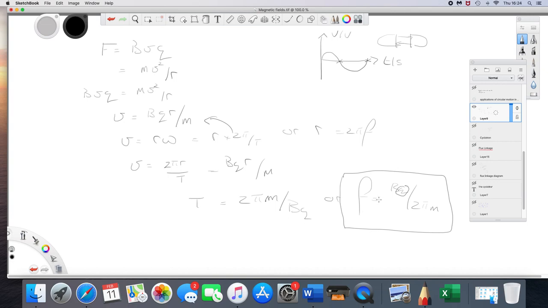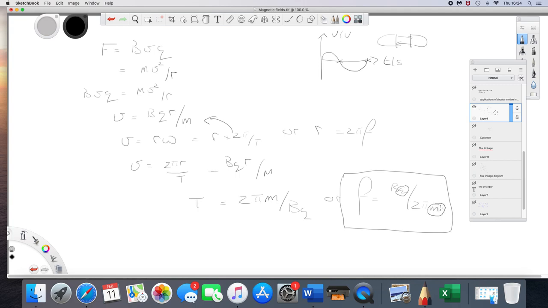in this cyclotron. Now you can see here there is this mass expression, and at very high velocities, at relativistic velocities, velocities that are large fractions of the speed of light, mass increases.